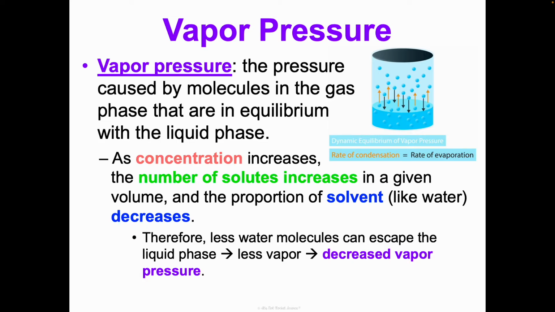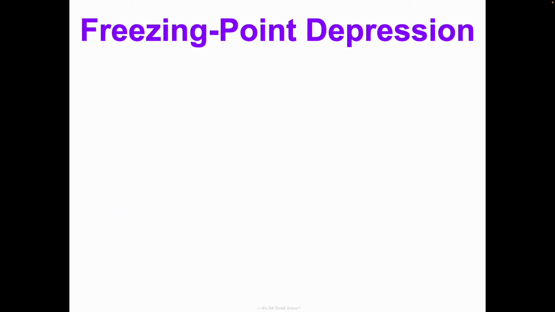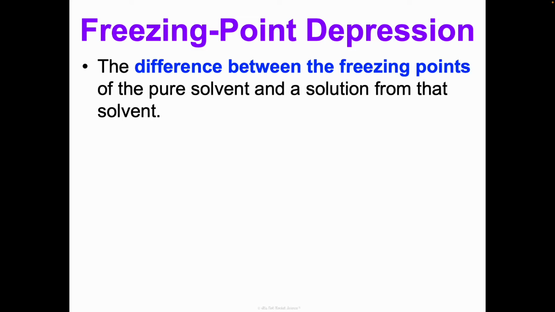So we're going to need a higher temperature to bring that vapor pressure up to the atmospheric pressure and cause something like boiling to happen. This is important. Vapor pressure matters because it impacts these other colligative properties like freezing point and boiling point. Another colligative property, again, these are properties that depend on the amount of solute, not the identity of those solutes, is freezing point depression.